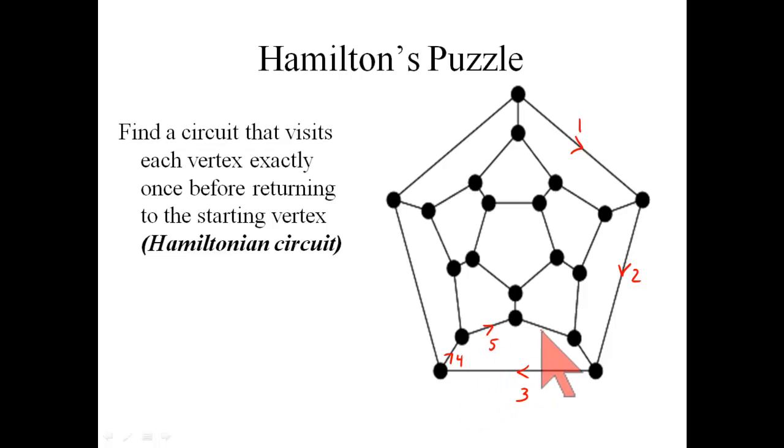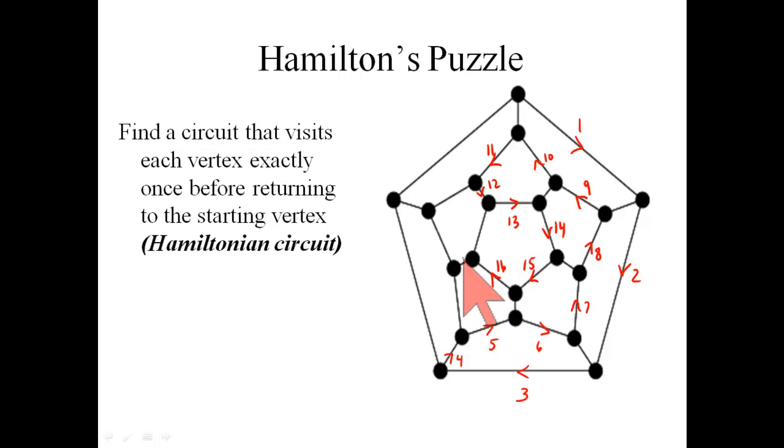Let's go along 5, 6, 7, 8, 9, 10, 11, and let's see. Now I think I'll go 12, 13, 14, 15? Then how about 16? And now you see I've sort of done the inside.